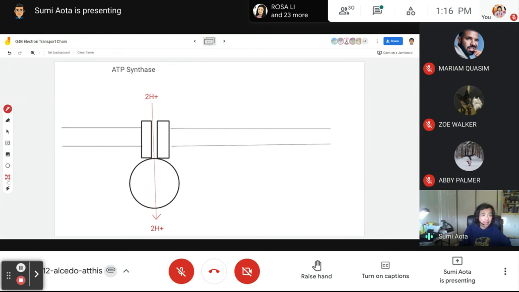Okay, when it does so, ADP plus phosphate gets converted to ATP.